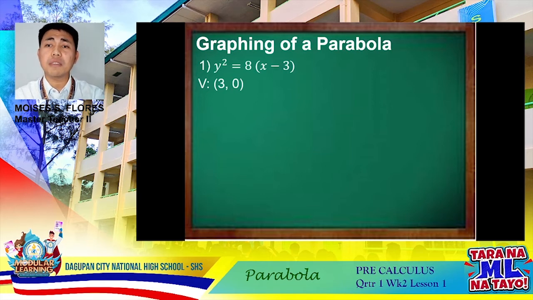Afterwards, we would identify, from our previous discussion a while ago, the value of your 4p. So our 4p here is what? 8. There you have it, 4p is 8. Now again, what's the significance of this 4p in our graph? I said a while ago that your 4p stands for the length of your latus rectum, to make it a mirror, or said to be symmetric.